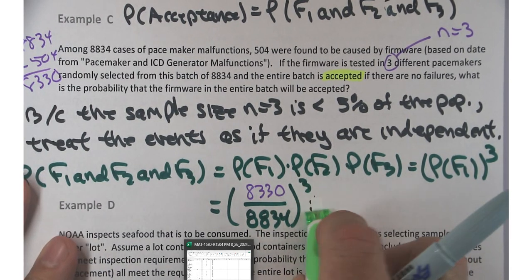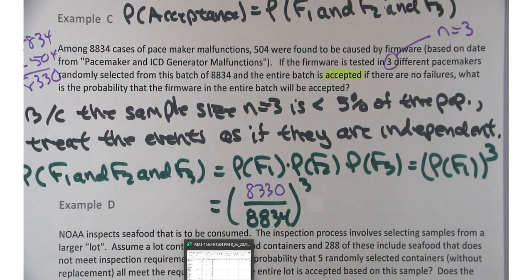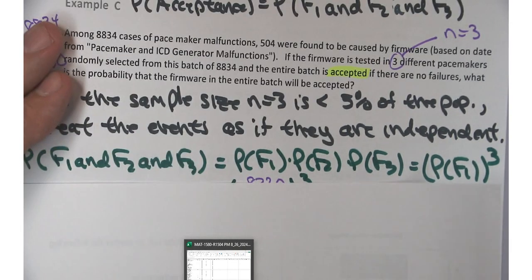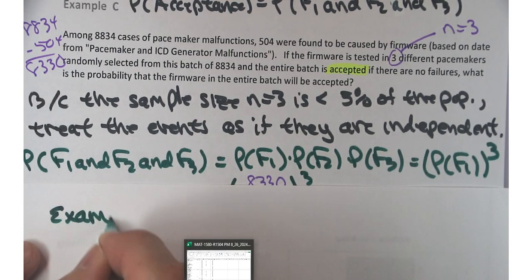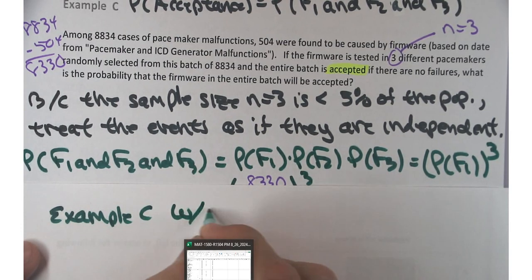So if you're curious what the assumption of independence does, if we were to do example C without independence, here's what that would look like.